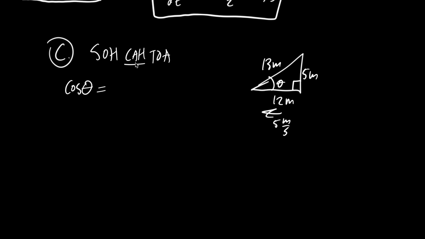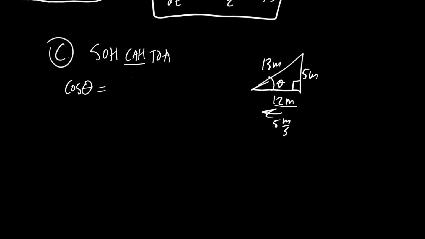Cosine theta is equal to adjacent over hypotenuse. So adjacent is this, 12 meters. Hypotenuse, 13 meters. Okay, hold on.